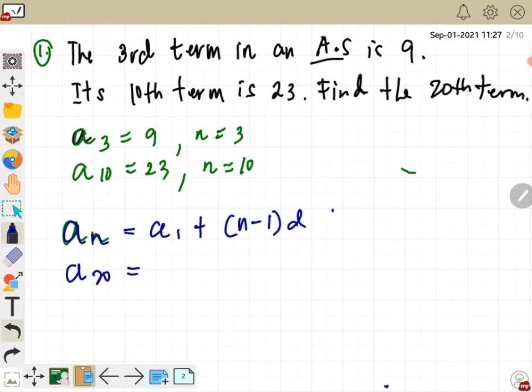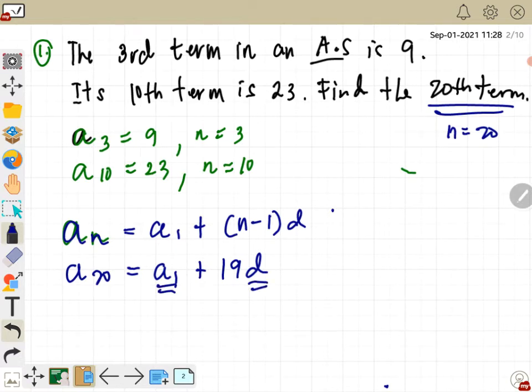Our first term we do not know. We have n, which is 20 for this, since we are looking for the 20th term. So that is 20 minus 1, which is 19d. So our problem here is, if we have the first term and we have the common difference d, we can actually get our 20th term.